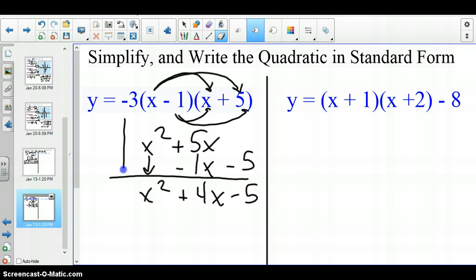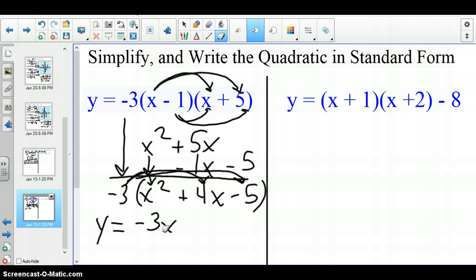But now I need to bring down that negative 3 that was out in front of my parentheses. You could have distributed this to one of those sets of parentheses first. I like to do it last because I just have to distribute it to these three numbers. So I've got to distribute the negative 3 to the numbers inside of the parentheses. Negative 3x squared.